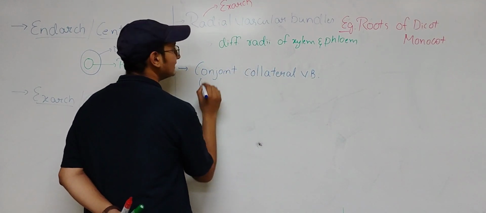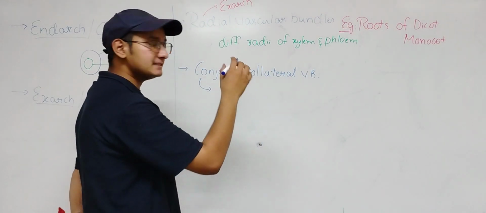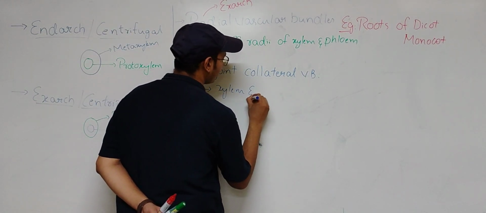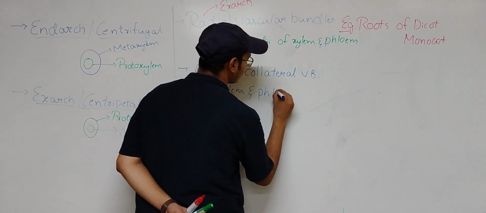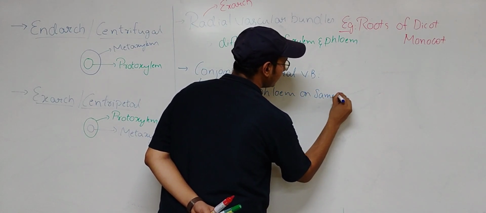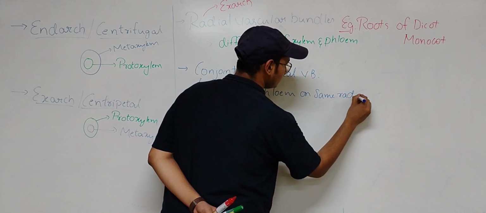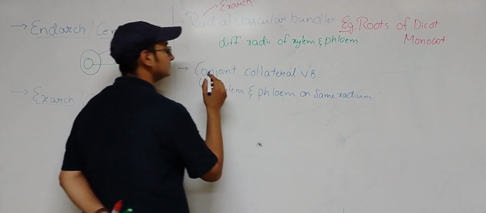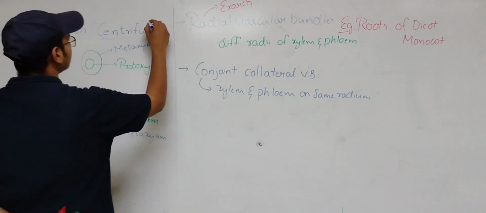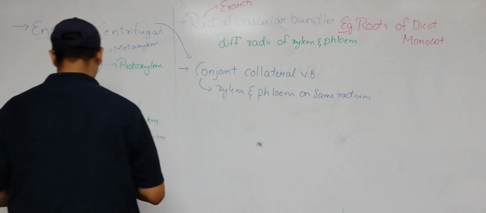Here the xylem and phloem are present in the same radius. Xylem and phloem on same radius. And if they have the conjoint collateral condition, they will have the Endarch condition.